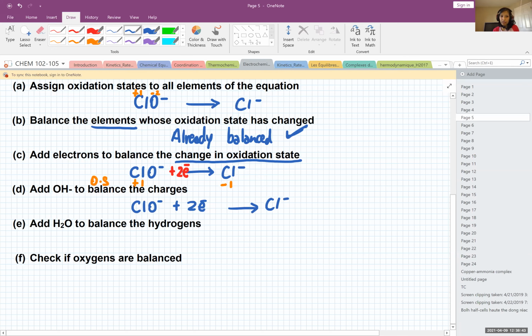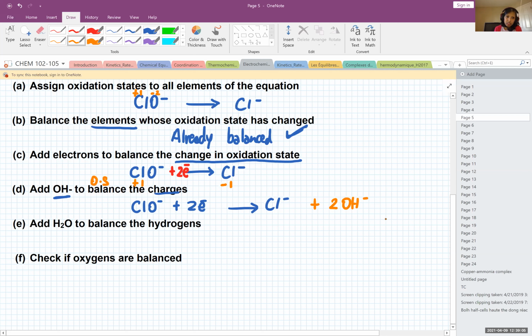This is what I have so far. I want to add OH minus to balance charges. Right now, I have 3 negative charges on my reactant side, but only 1 negative charge on my product side. So I will have to add 2 OH minus in order to balance the charges. Now I've got 3 negative charges on both sides.